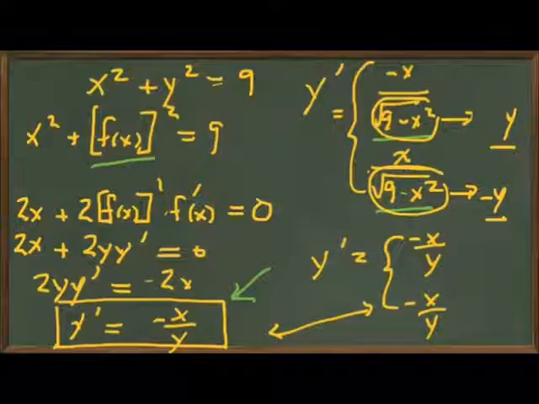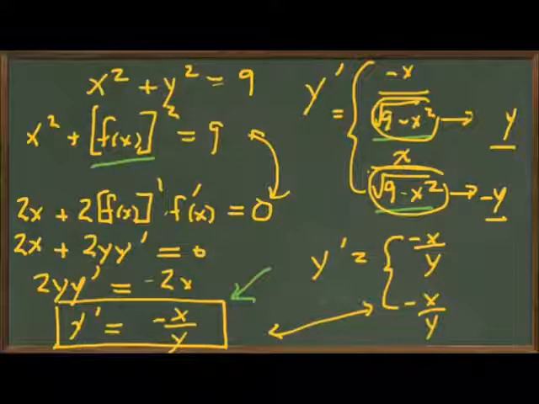But the implicit method is much faster, especially as we're going to see when we take out these intermediate steps that we have right here. So let's do another example to see how we do this implicit method.